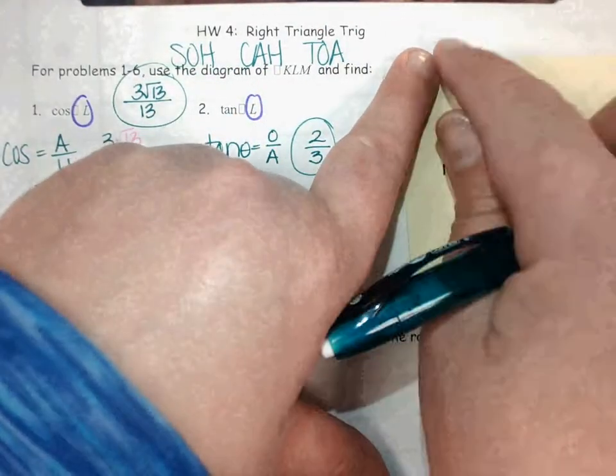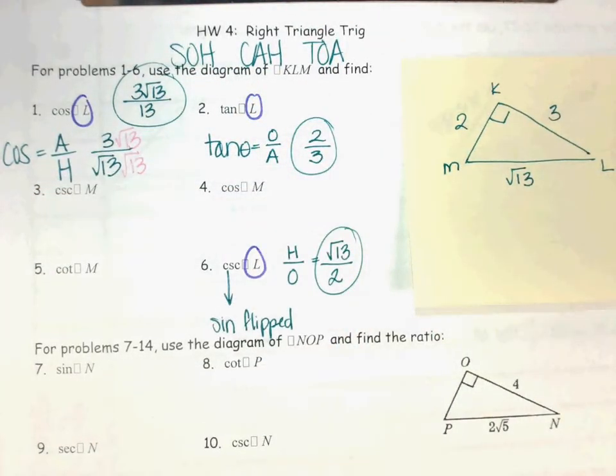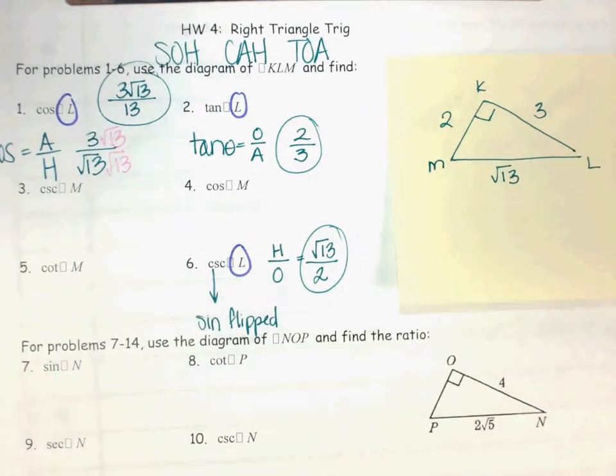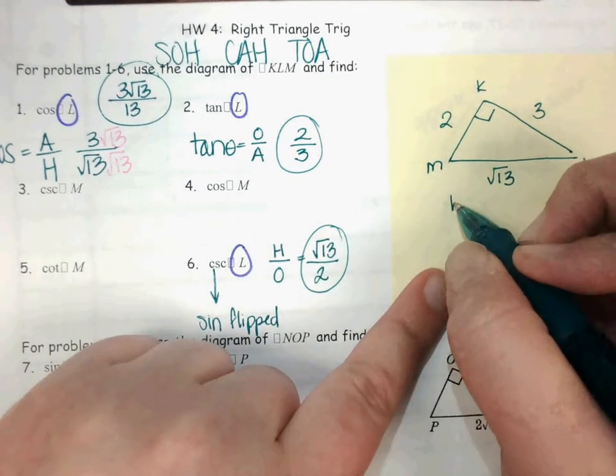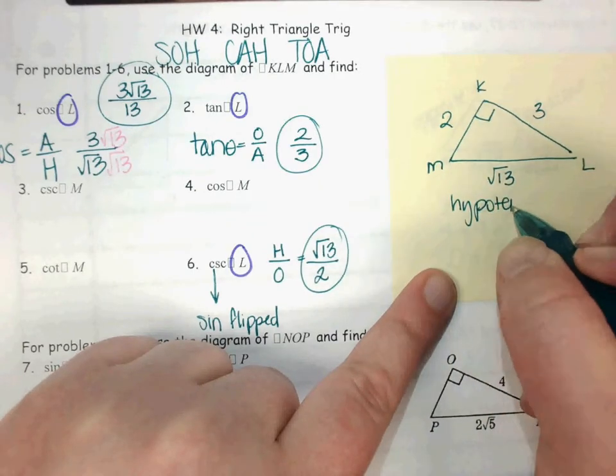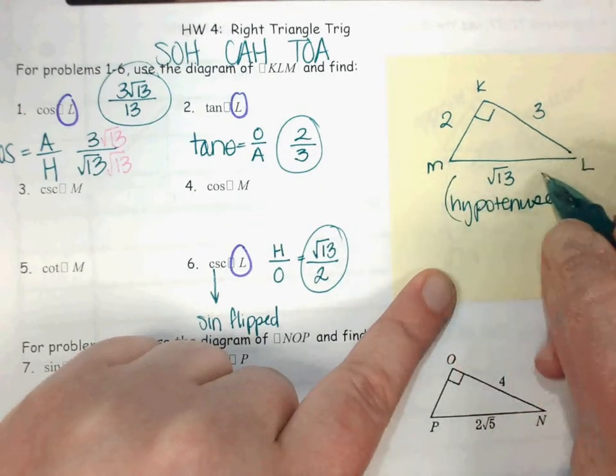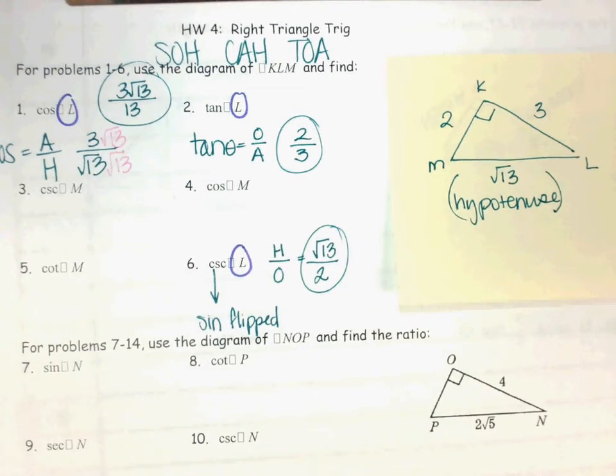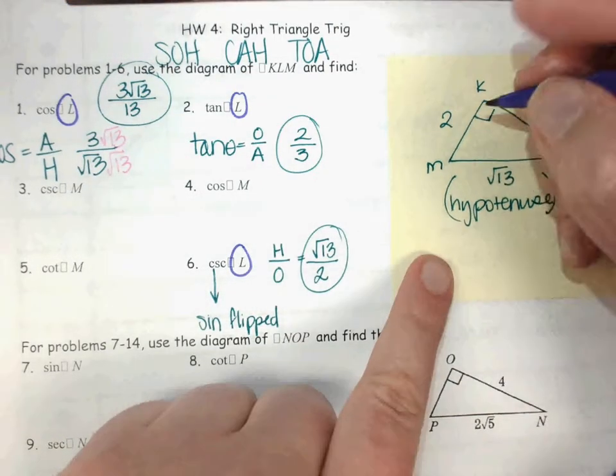Now, the only side that never changes is the hypotenuse. So, root 13 was the hypotenuse last time. That side is still the hypotenuse. But what's going to change is the O and the A. So, if I want to be in the M corner, now that's here.